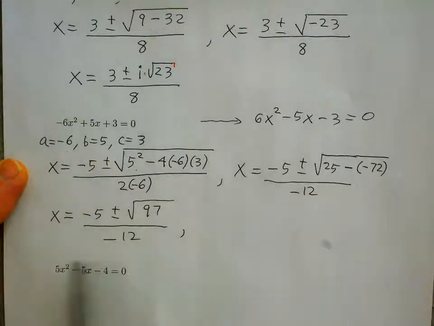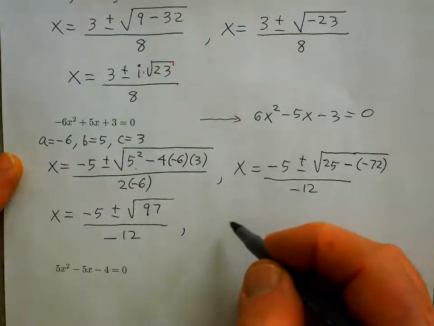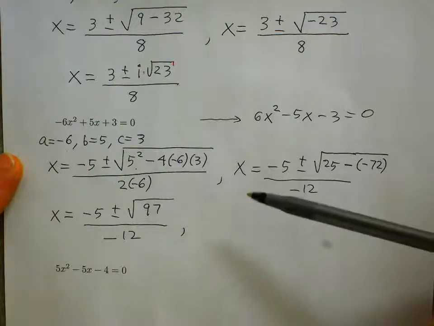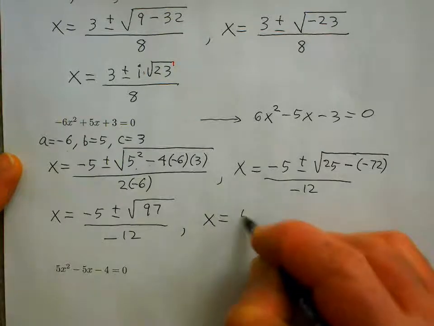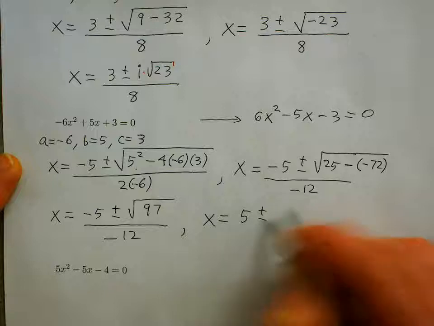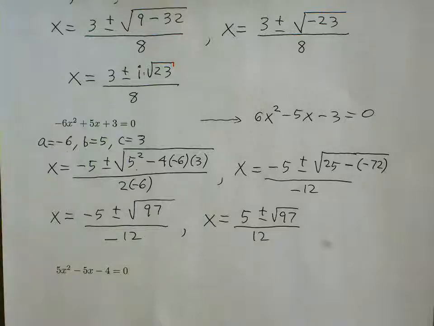Well, on paper, this is a fine answer, but in the Newton software, you won't be allowed to type it in this way. So if we multiply both the numerator and denominator by -1, we'll get x equals +5 plus and minus the square root of 97 divided by +12.